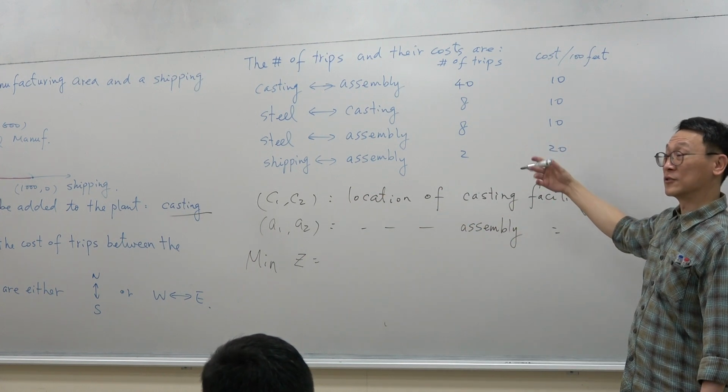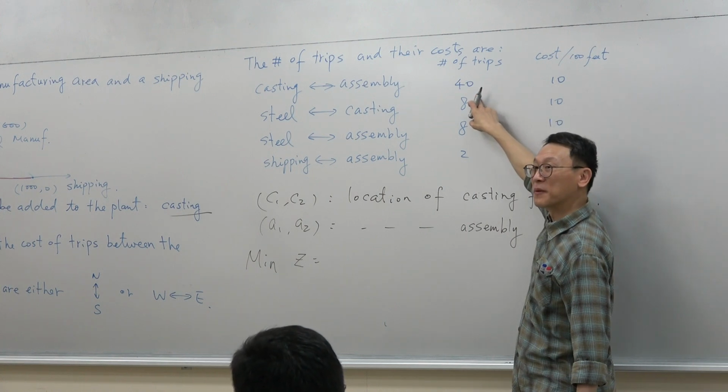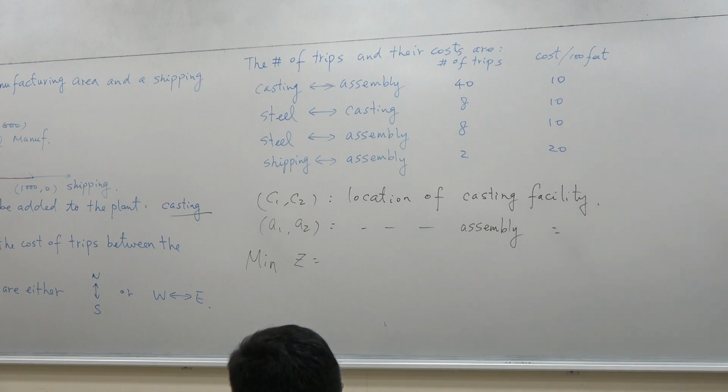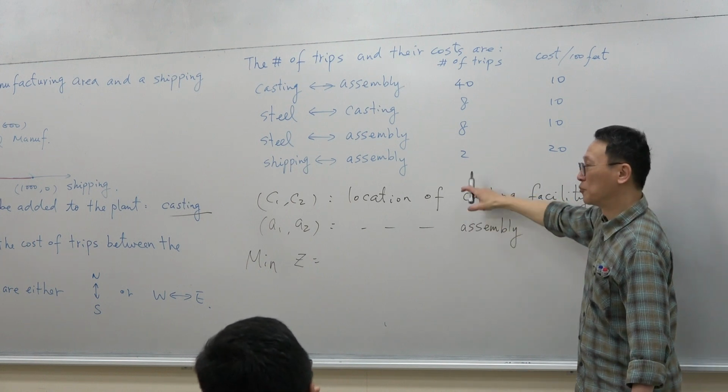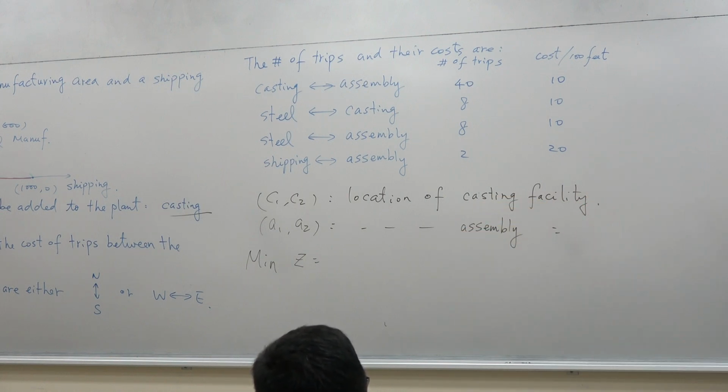With a larger distance, we have more cost. And it looks a little like weighting because we have moved so many times between casting and assembly, so you can expect these two should be near to each other, to decrease the cost.